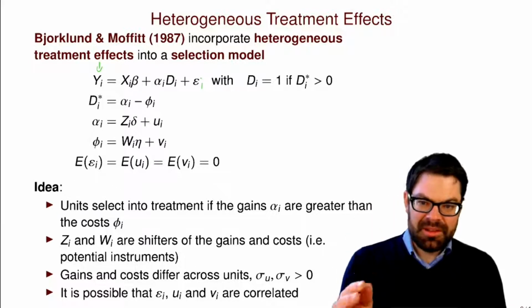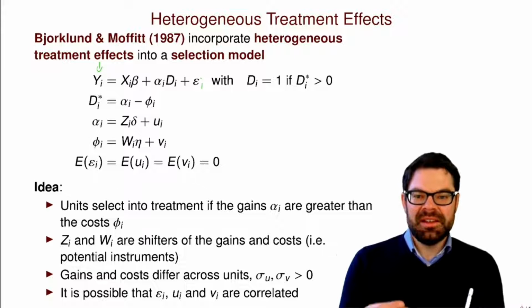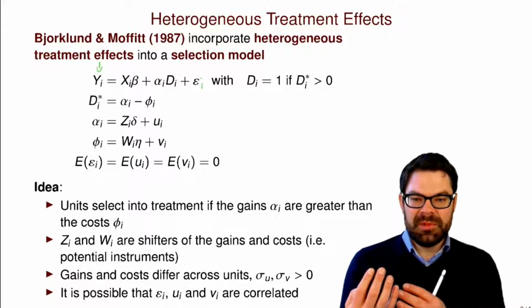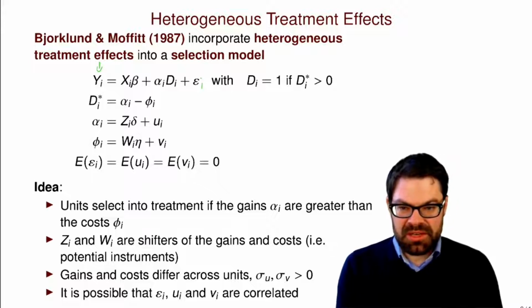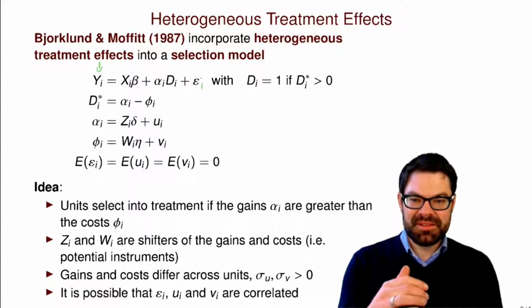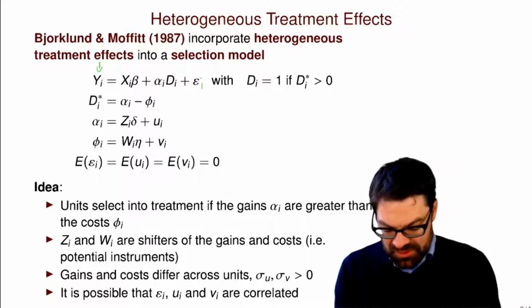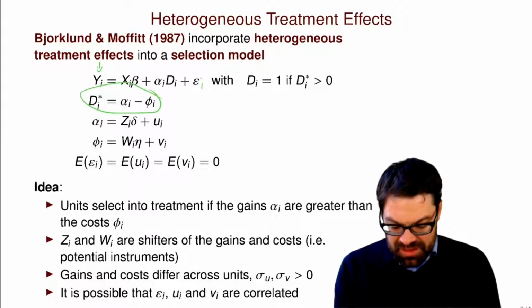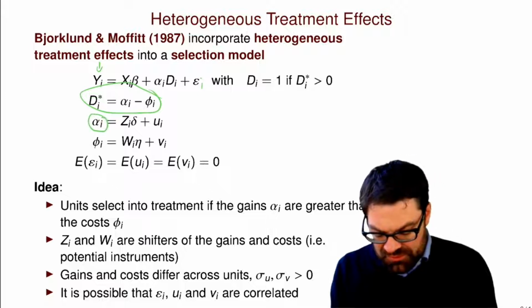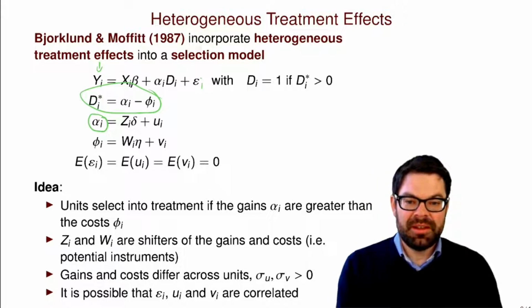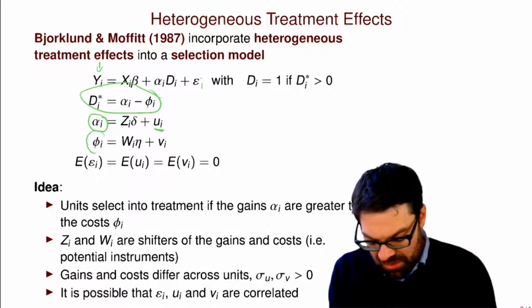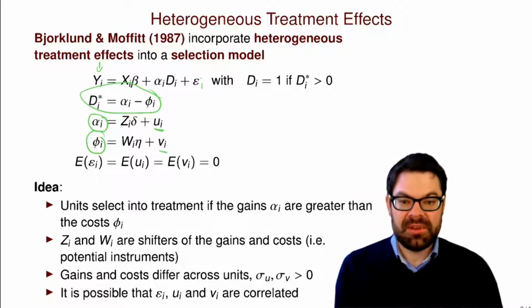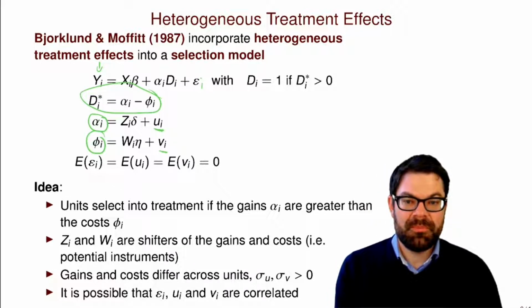Now, if we want to think about this more systematically, and this is what they do here, again, we need a selection equation. And the selection equation here has 3 parts. One is the main selection equation. And what they do is they say that the gains from treatment, alpha, have a heterogeneous component, as well as the costs of taking the treatment have a heterogeneous component.